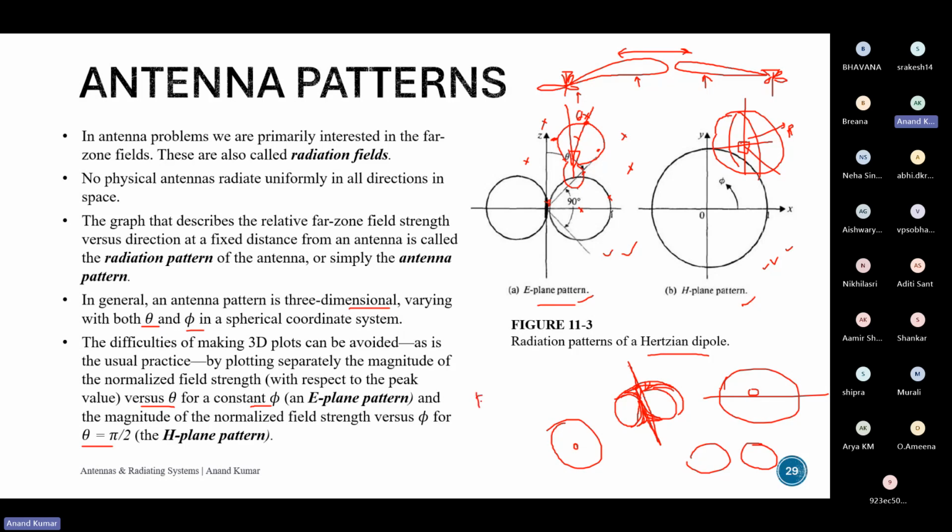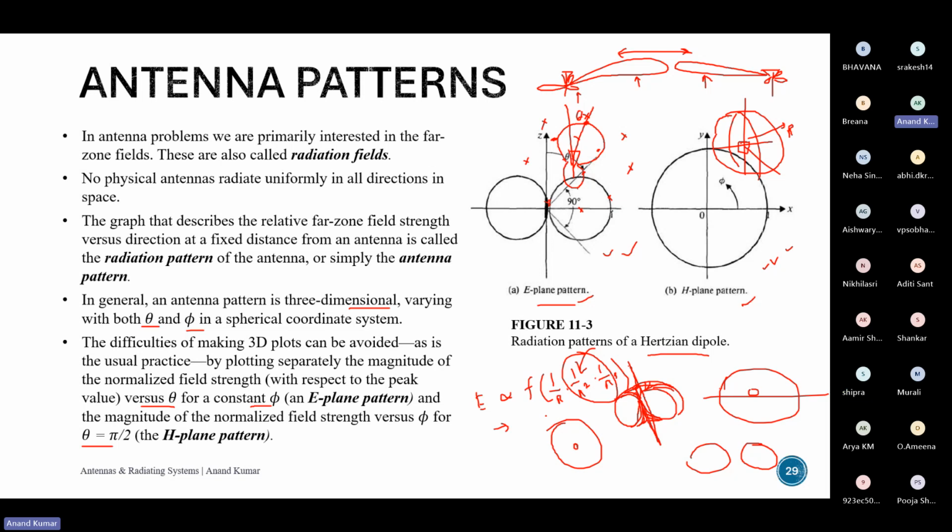If you remember, we had the electric field proportional to some function of 1 by r, 1 by r square, 1 by r cube. There were terms like these, right? So when we start plotting the radiation pattern, we ignore these terms. Once you have ignored these terms, we are plotting them in the far field.